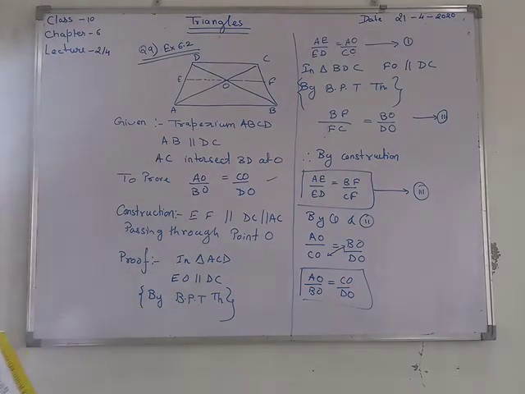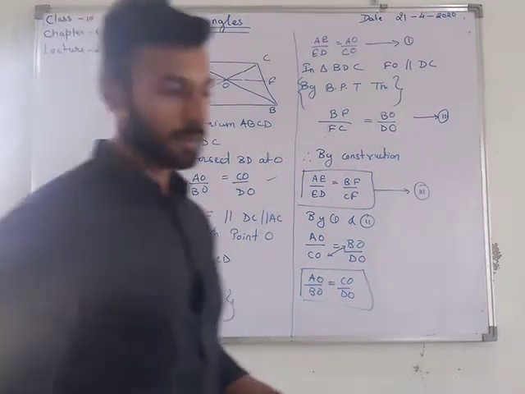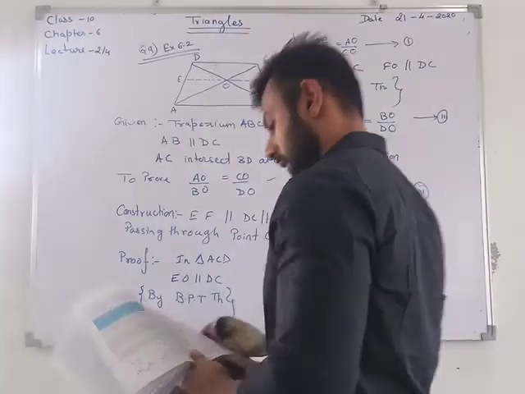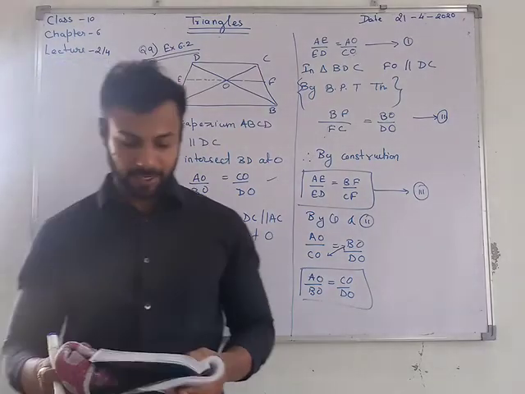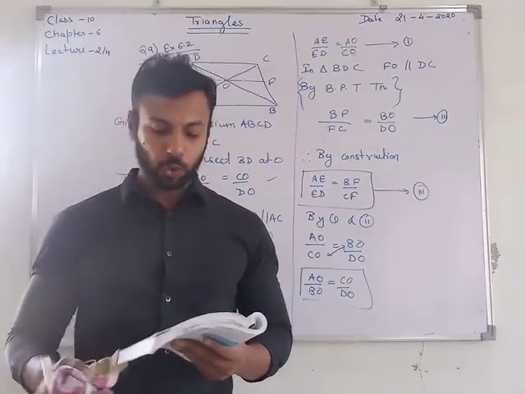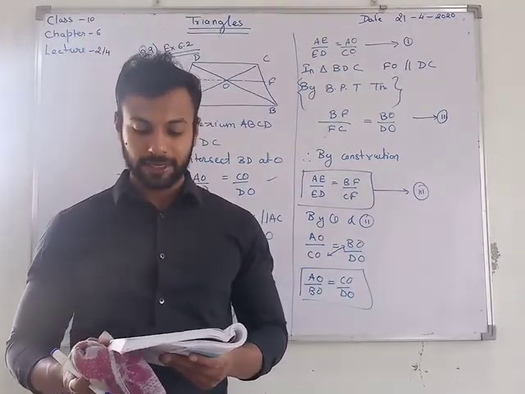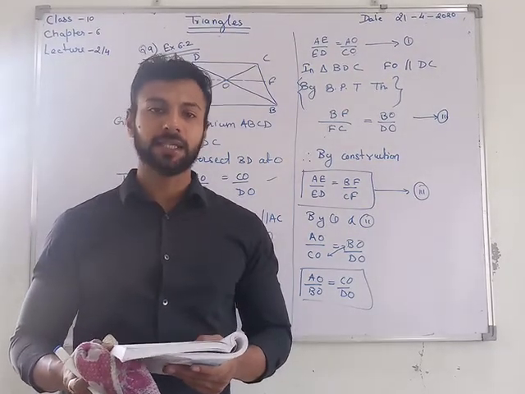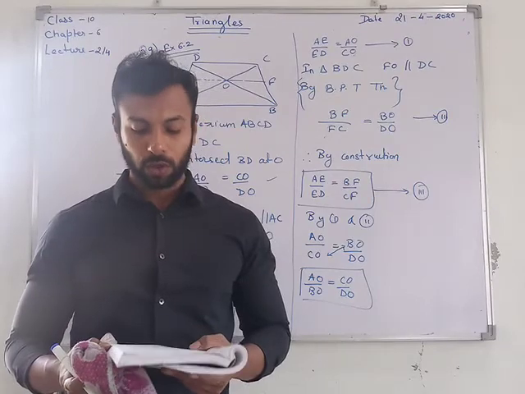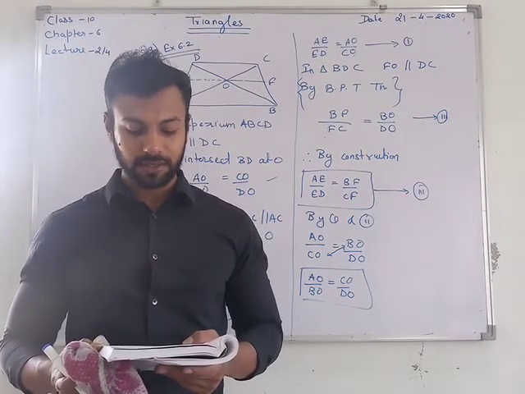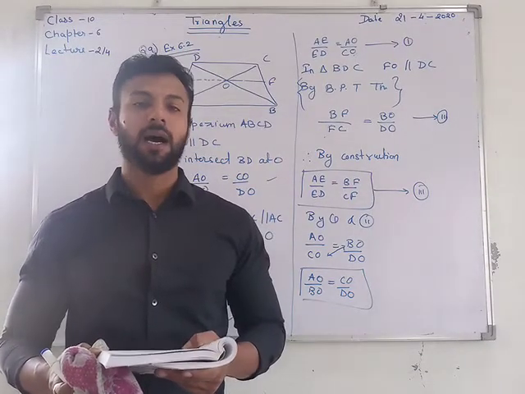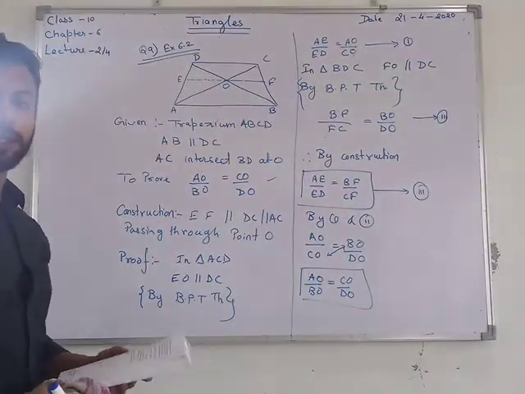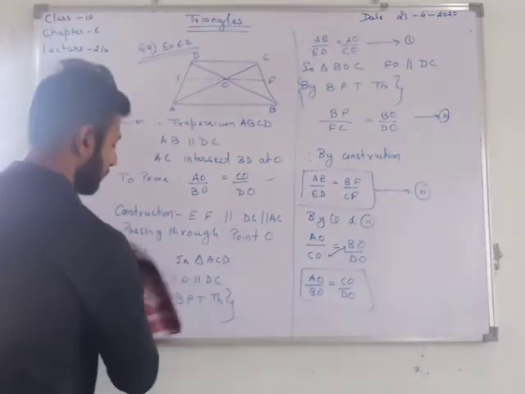Now let us move to theorem 6.3. Theorem 6.3 says that if in two triangles corresponding angles are equal, then their corresponding sides are in the same ratio or proportion, and hence the two triangles are similar. Let us see the proof of this theorem.